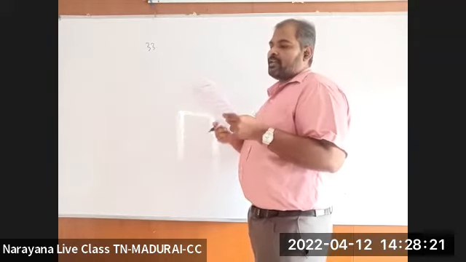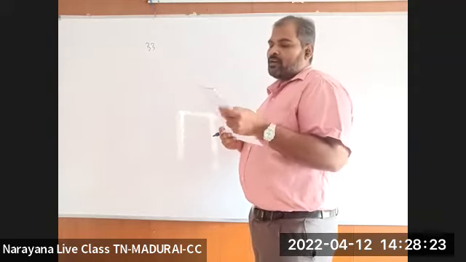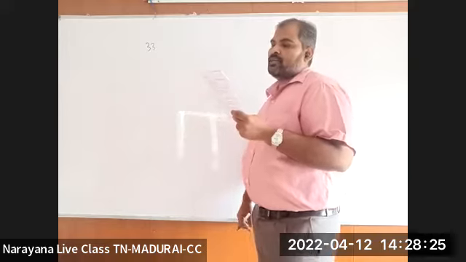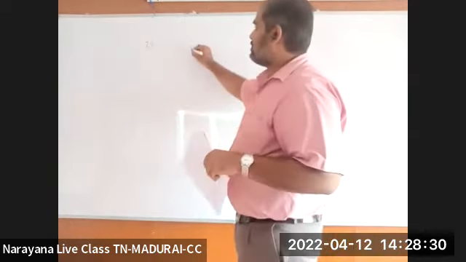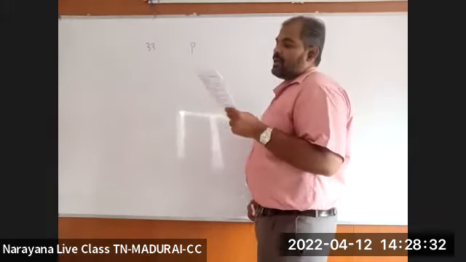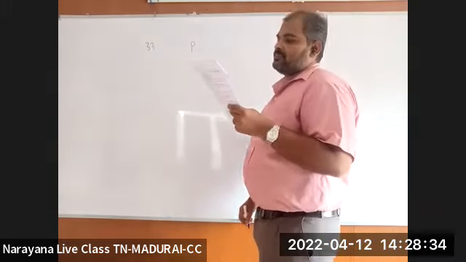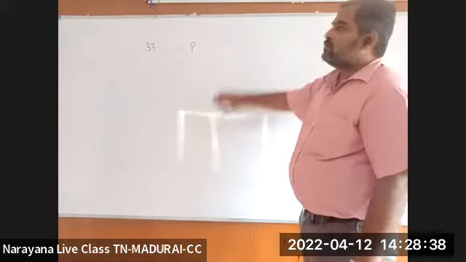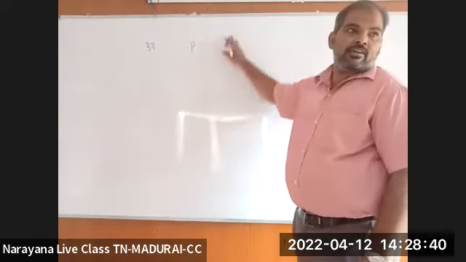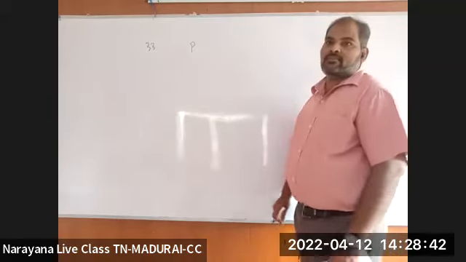Question number 33. When a proton is released from rest in a room, it starts with an initial acceleration. In which direction? Towards west, with acceleration a0. Assume the surface of the board as the surface of the ground.